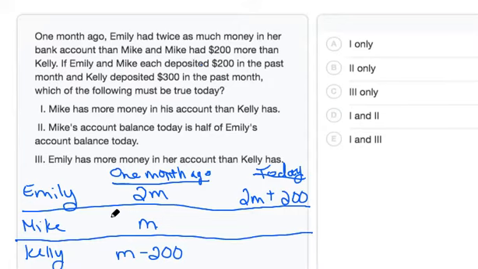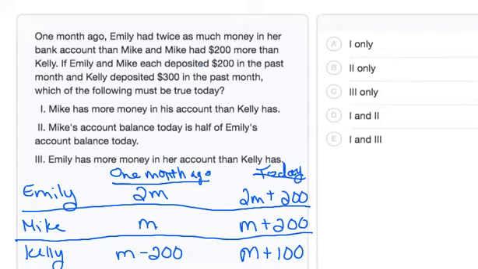Next would be Mike, and he also deposited $200, so whatever money he started with, which would be M, plus his deposit of $200. Now, Kelly deposited $300, so we have her starting point plus $300. And if we add $300, we end up with Kelly's account being M plus 100.